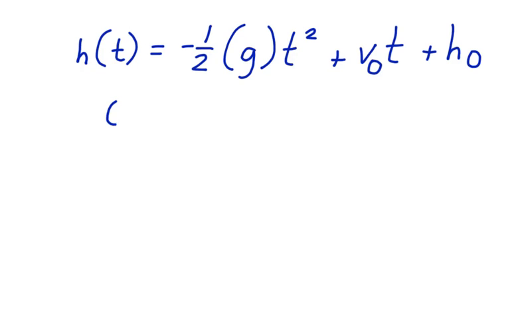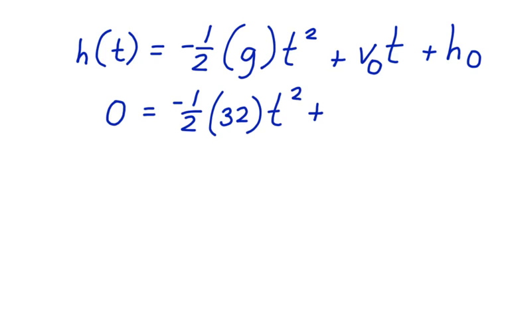So we can say 0 here is equal to negative 1/2 times 32 t squared, plus the velocity is actually 0, so 0 times anything is going to be 0, plus the height, which we know is 20 feet.